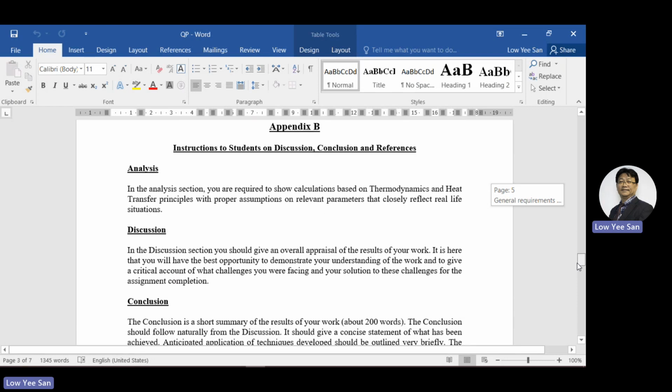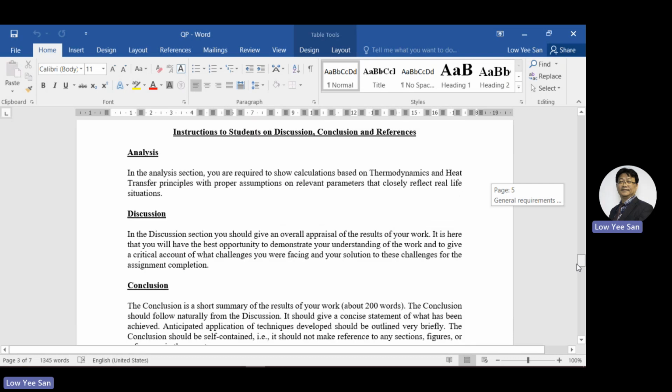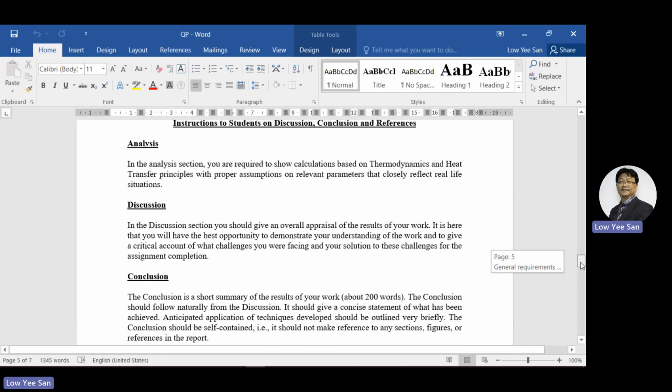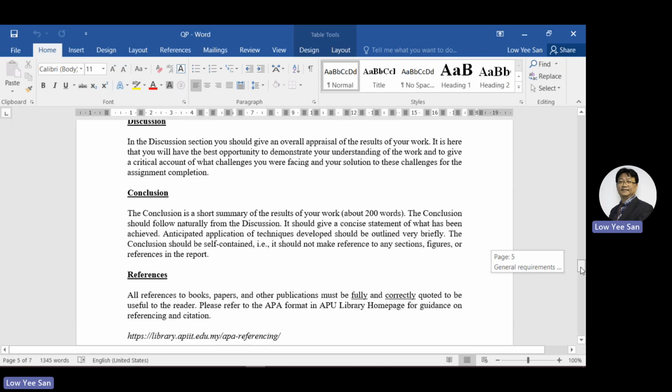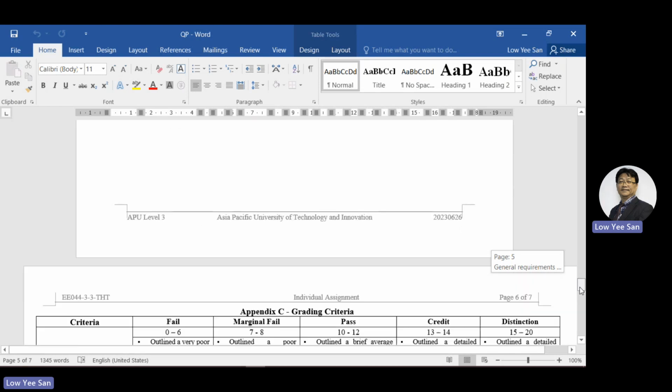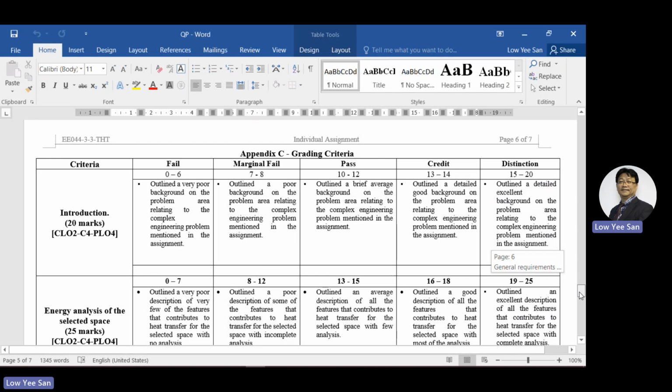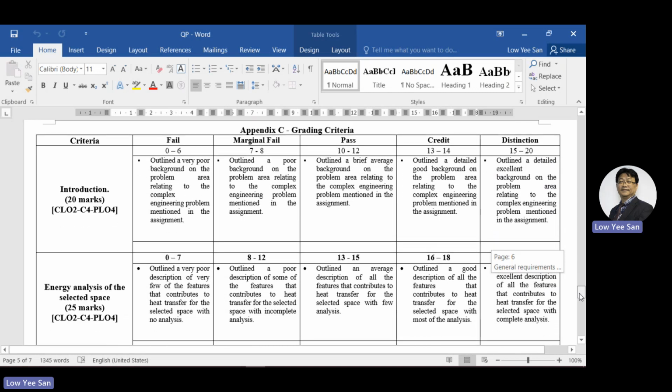You have done assignments so many times, so these are pretty standard things that you mention, what you should have in the analysis, discussion, conclusion, and so on. You can go through, but I will give you more detailed guidance later.